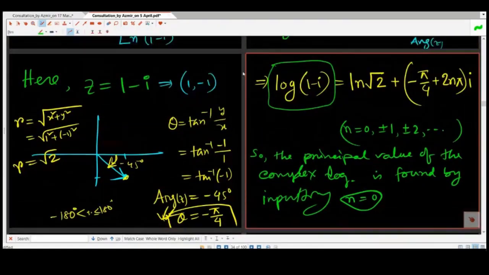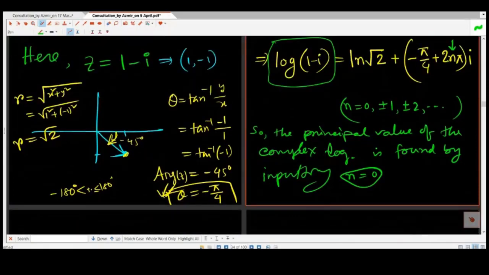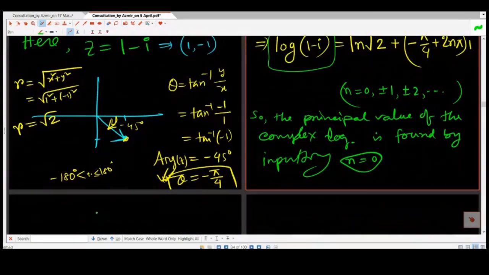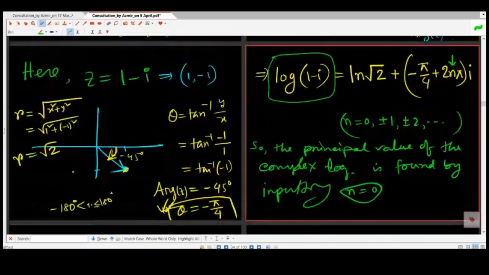So principal log can be found by inputting n equals 0 in this equation.